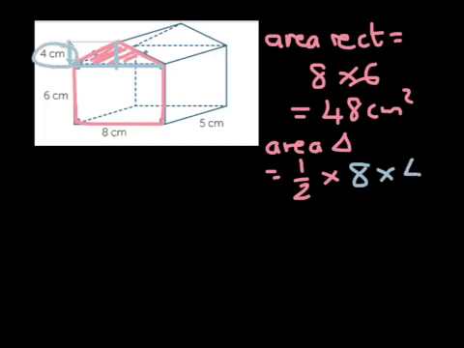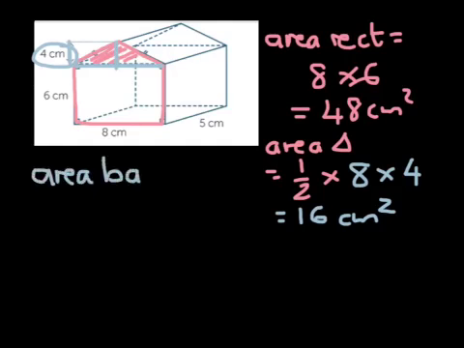So that's times 4. So half of 8 is 4. 4 fours are 16. So the area of my triangle is 16 centimeters squared. All right, so the area of my base has to be the rectangle plus the triangle, and that gives me 64 centimeters squared.